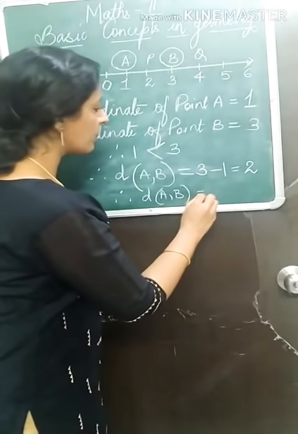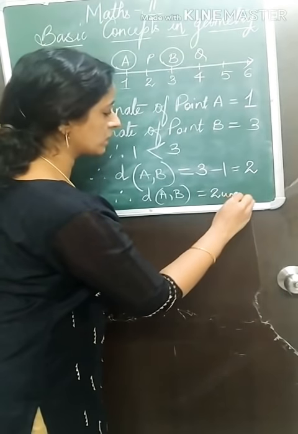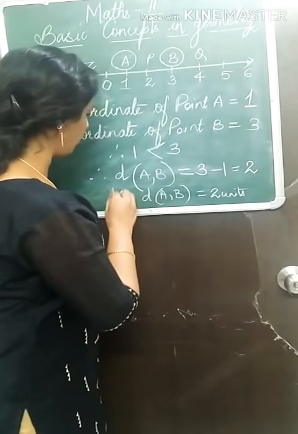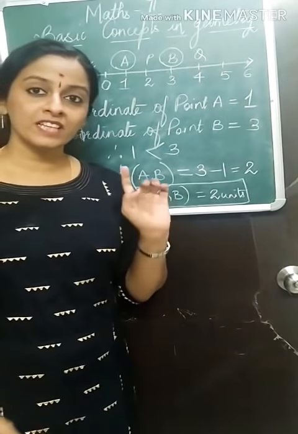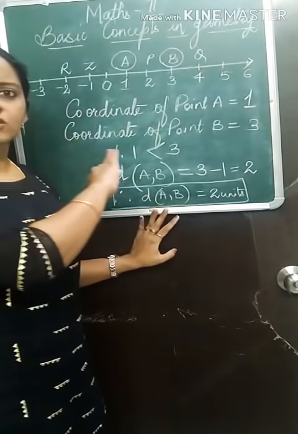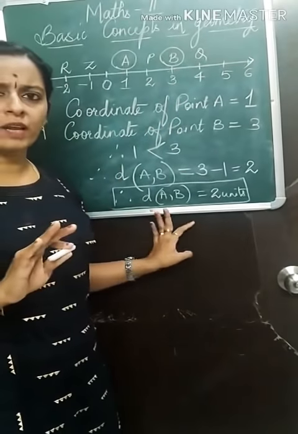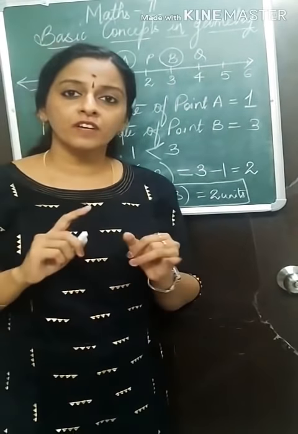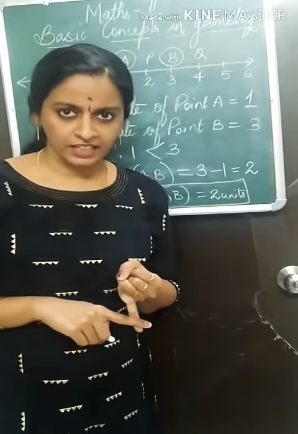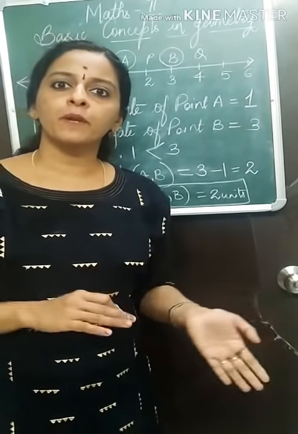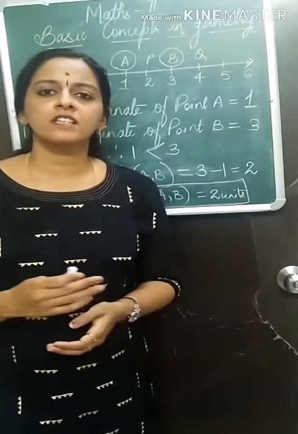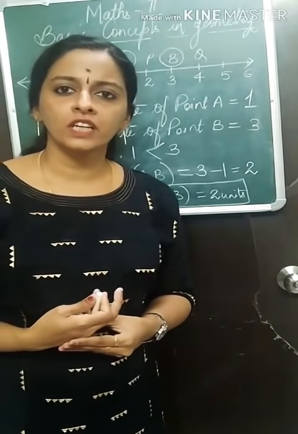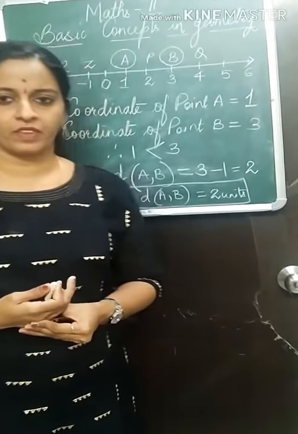The distance is equal to 2 units. Understood? It's so simple. So in this way we can find distance between any 2 points on the number line. For that, you will first find out which coordinate is greater than the other, subtract the smaller number from the bigger number. You get distance between any two points on a number line.